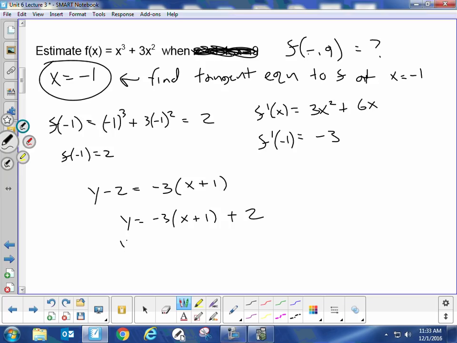So I got y equals -3 times -0.9 plus 1 plus 2. This ends up being -3 times 0.1 plus 2. This is 2 plus -0.3, which is 1.7.